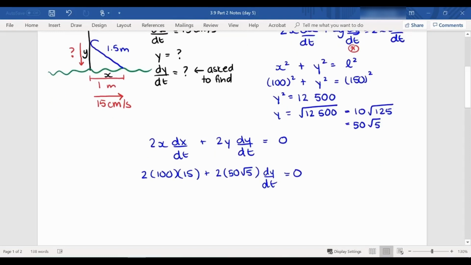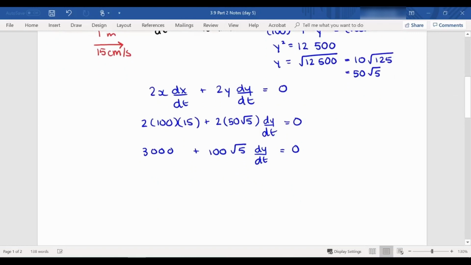So I'm going to actually multiply my 2 and my 100 and my 15. I get 3,000 plus 100 root 5 dy dt. And then I can move the 3,000 over. I can divide by 100.